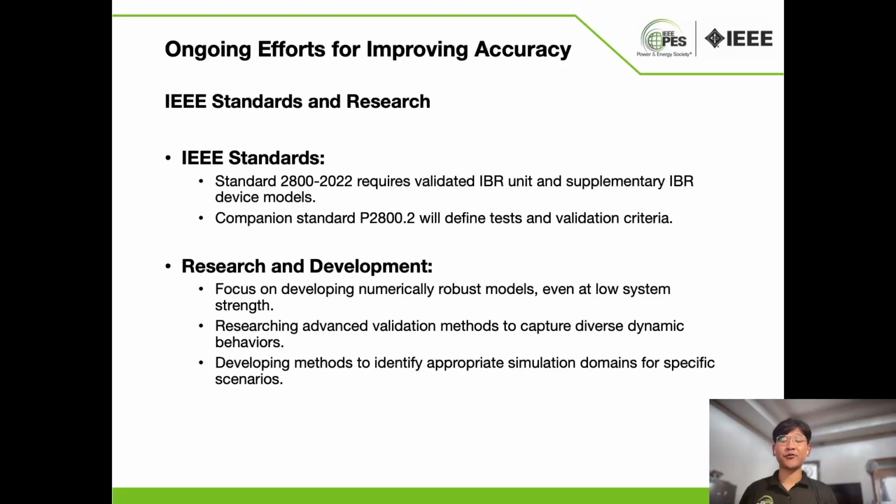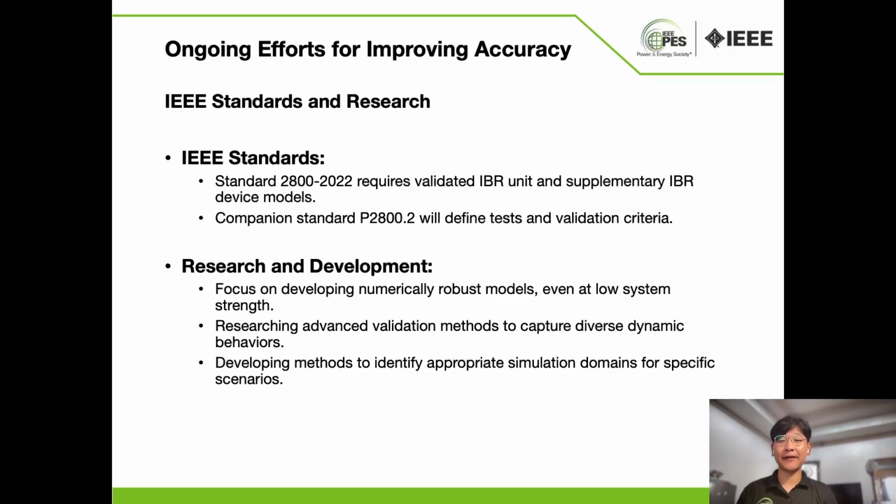IEEE Standard 2800-2022 mandates the use of validated IBR unit and supplementary IBR device models, emphasizing the importance of model validation in ensuring compliance. The upcoming IEEE Standard P2800.2 will further define the specific test and validation criteria.